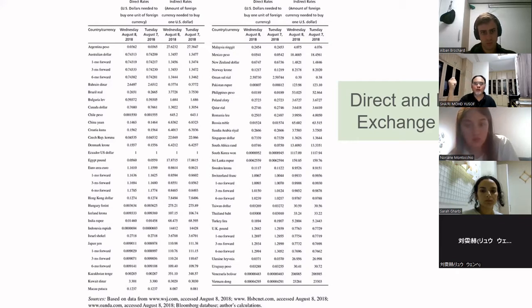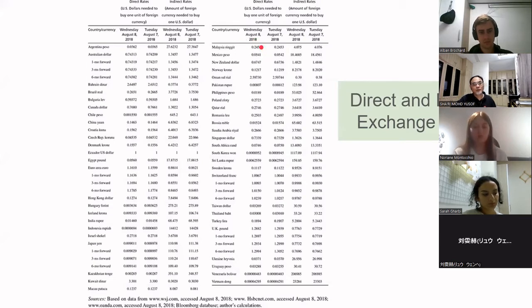I also prefer indirect quote actually. I do not like direct quote because it becomes too small for my own currency. Here in this case, 0.24 US cents, or a quarter. In US we call it a quarter.